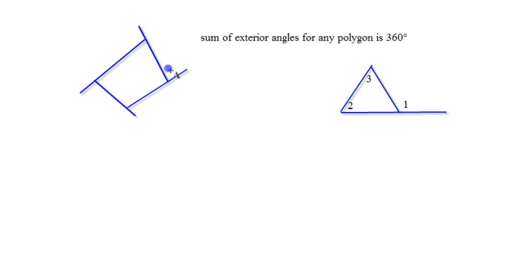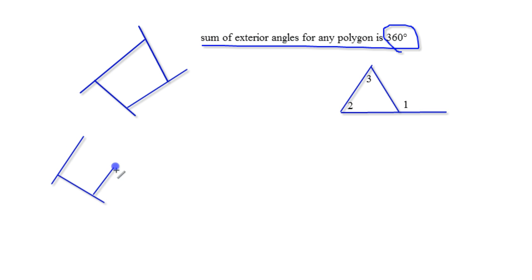But all of these exterior angles will always add up to 360 degrees, no matter what shape you're dealing with. So if you're dealing with the exterior angles of a quadrilateral or the exterior angles of a pentagon, all of the exterior angles will always add up to 360 degrees.